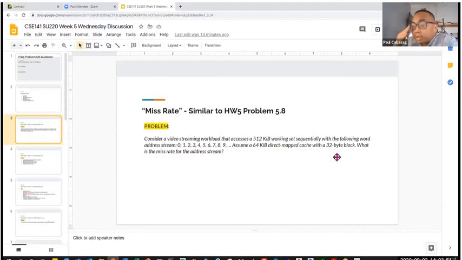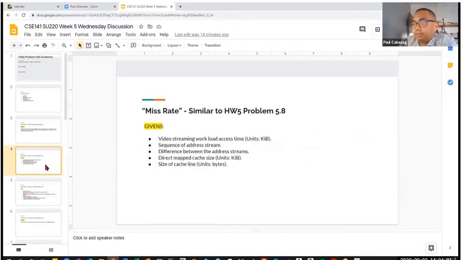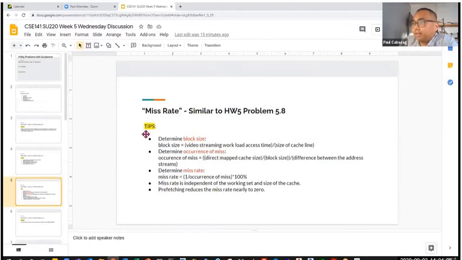And then there are 2 problems on this. One gives it to you in 32, and the other one gives you more practice on how this changes depending on your cache block or cache size. So those are the 5 main things to look for. In terms of tips, I would think the procedure is you would find the block size first.